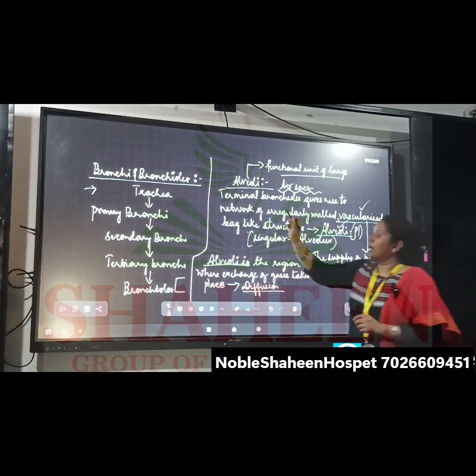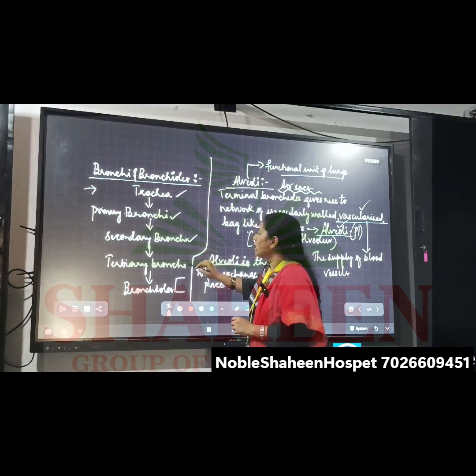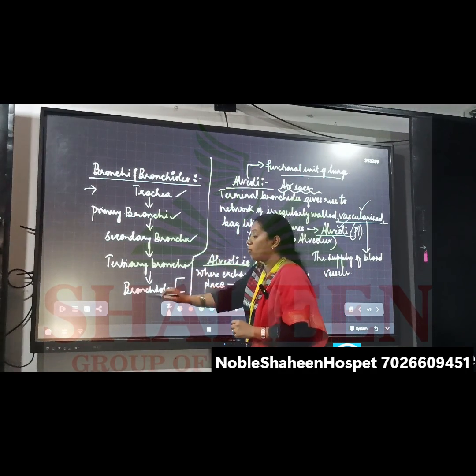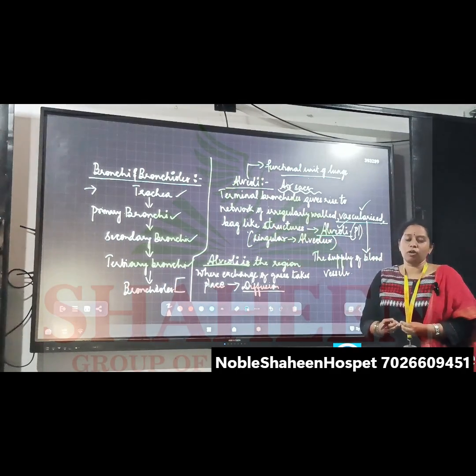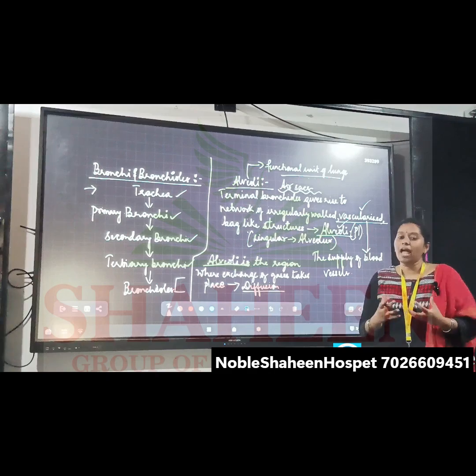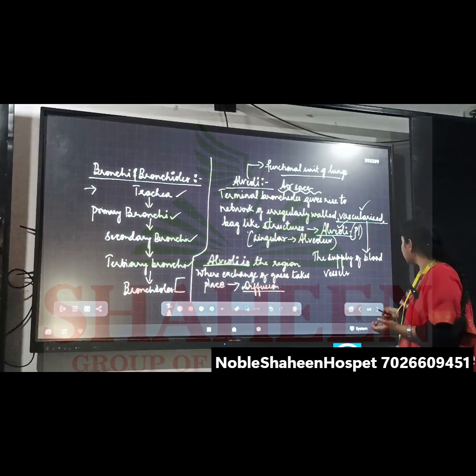Okay. So right from the beginning of trachea, primary bronchi, secondary bronchi, tertiary bronchi, and also the initial bronchioles, all of these pipe-like structures, don't you think even they should have something like a support system to it? So who is providing this support system?